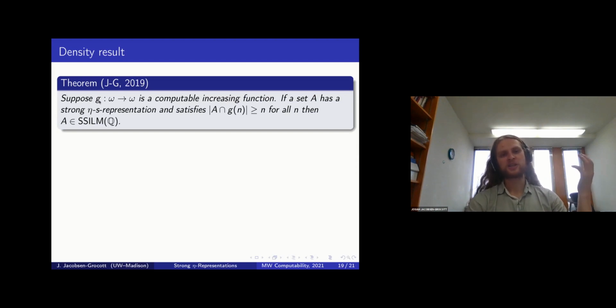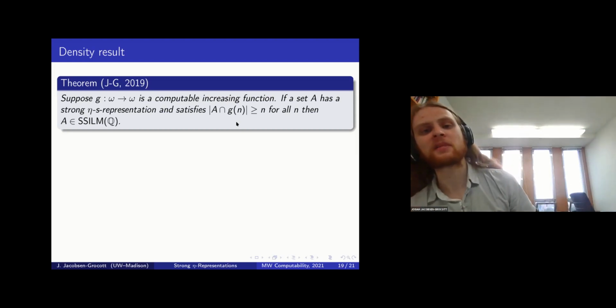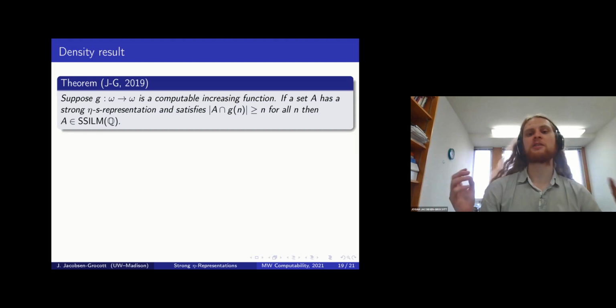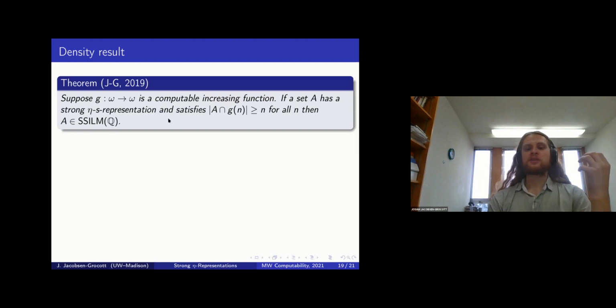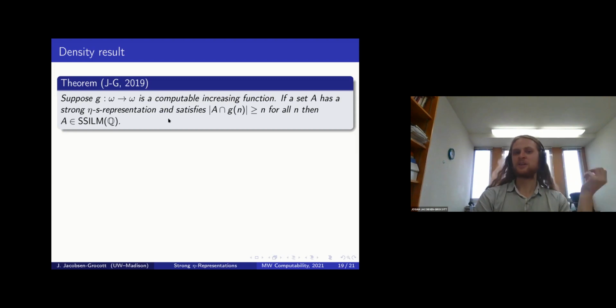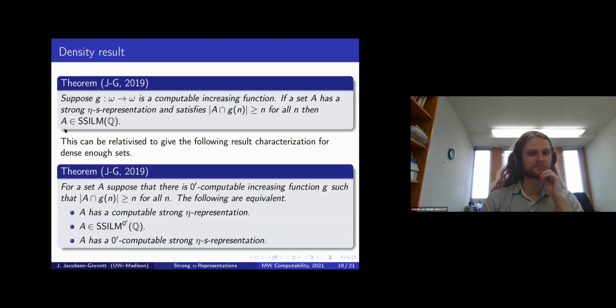Suppose that G is a computable function which is increasing, and a set A has a strong eta S representation and satisfies the condition that A intersect D, G of n is greater than or equal to n. Then A is a member of S-SOM of Q. So for dense enough sets, maybe something like A join omega, eta S representations correspond to being a member of S-SOM of Q.